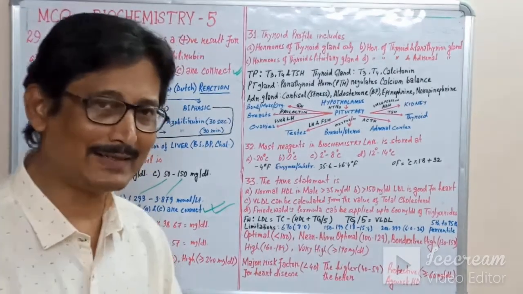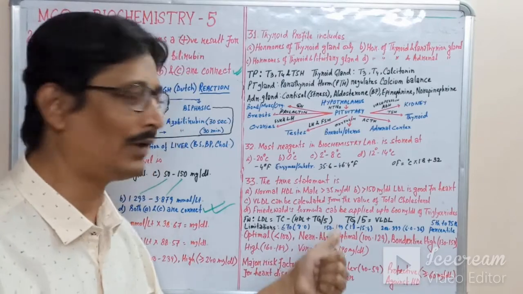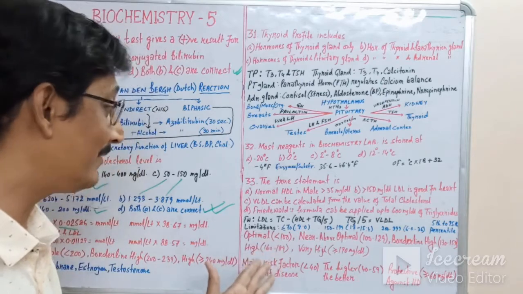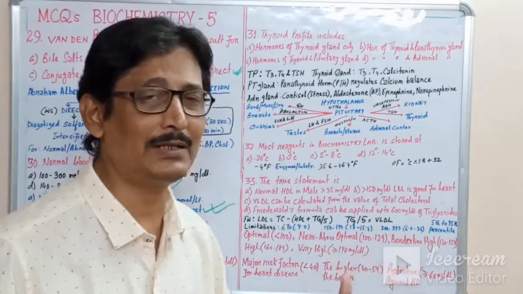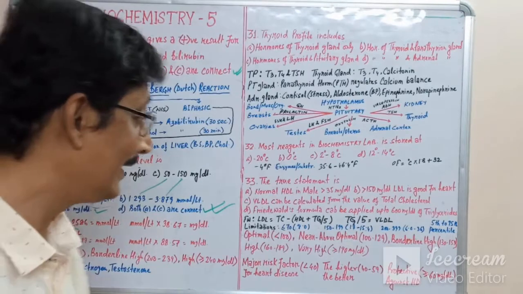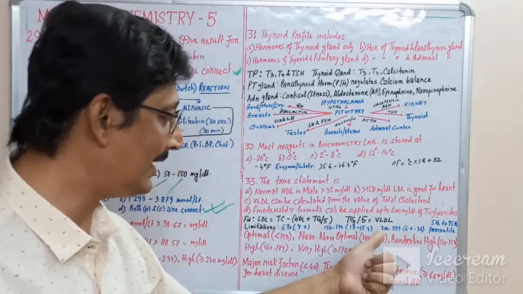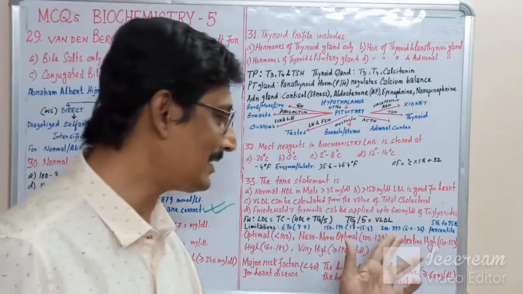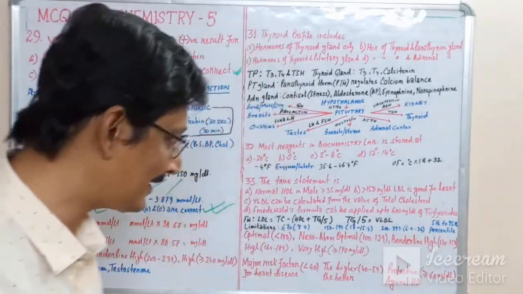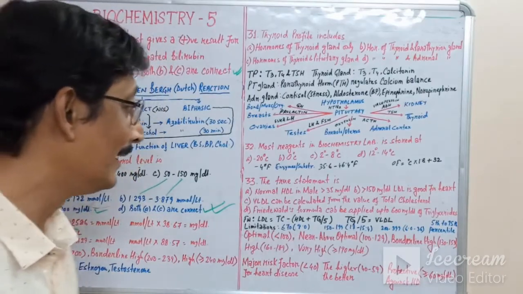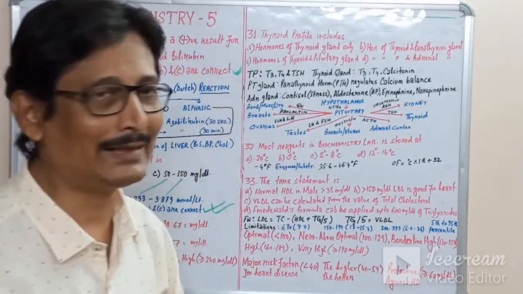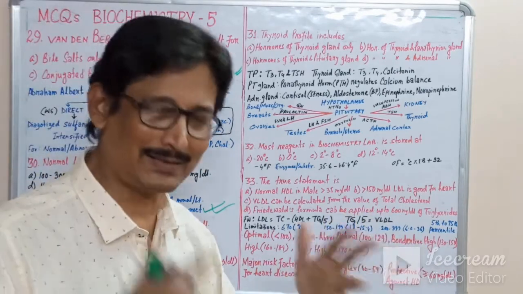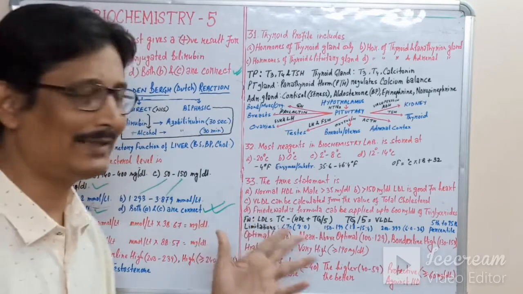If the triglyceride value is between 150 to 199 milligram per deciliter, it may vary from 1.8 to 15.4 milligram per deciliter. If triglyceride value is 200 to 399 milligram per deciliter, the LDL value varies from 6 to 36 milligram per deciliter, obviously. So it is 5th to 95th percentile, it can vary. So 600 is a very high value, so obviously the D option is incorrect.